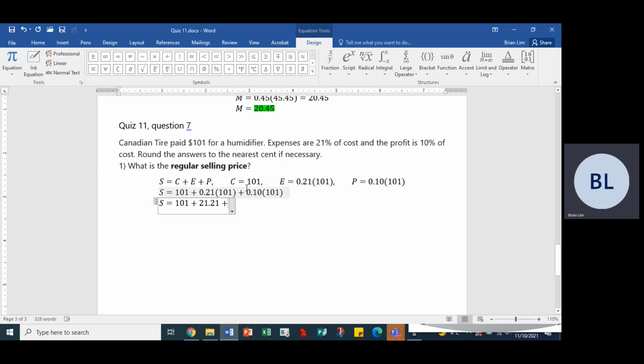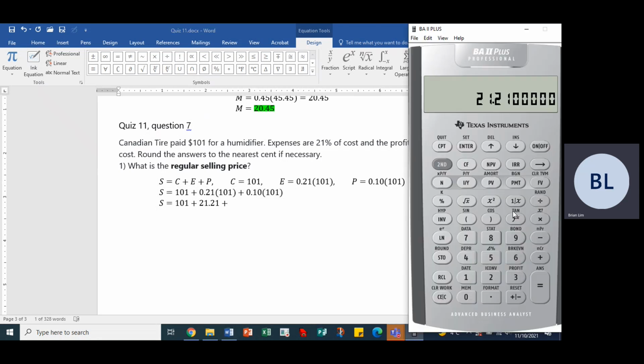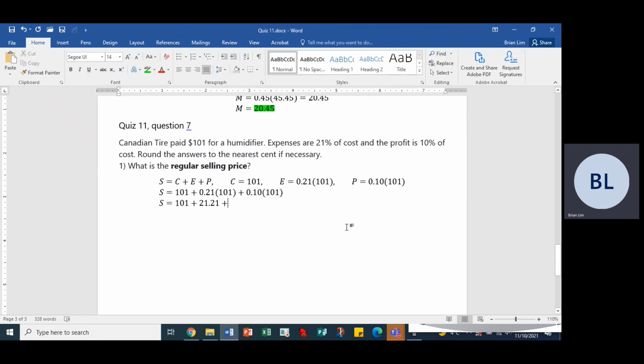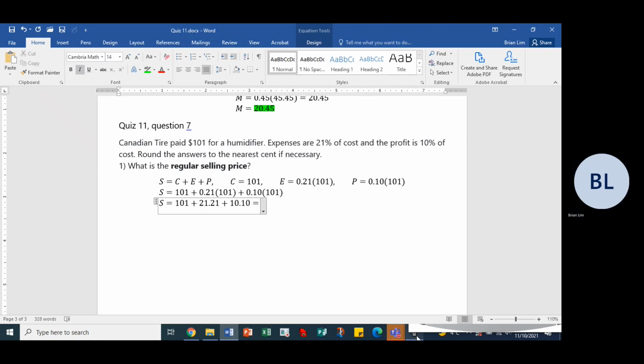The profit is 10% of the cost, so we put in the 101 again, and we multiply by 10%, and that gives us $10.10. All right, if we add all of those, what do we get?